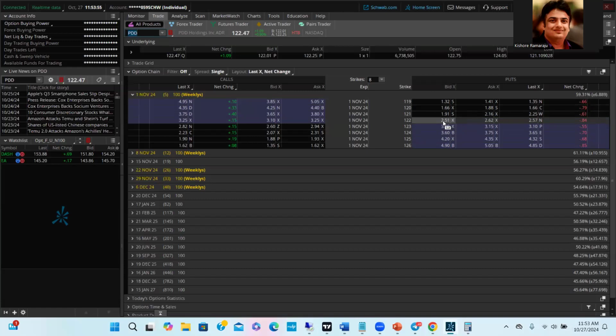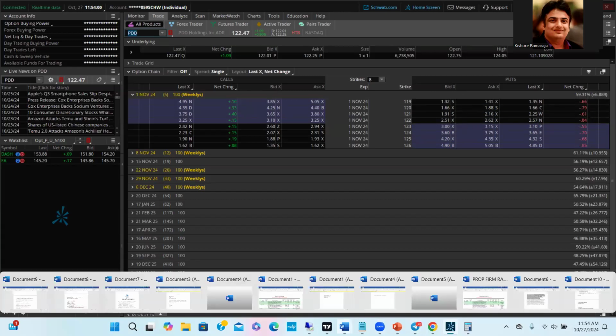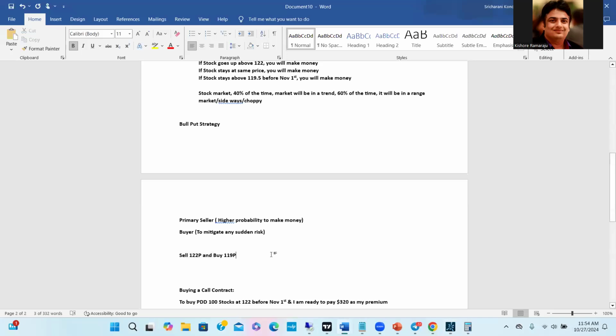You have a credit of, you are selling and collecting 255 by selling 122 put and pay 125 to buy 119 put. So what is your overall credit is approximately $130, right? You are collecting as an insurance company.